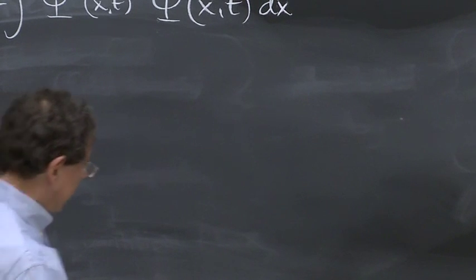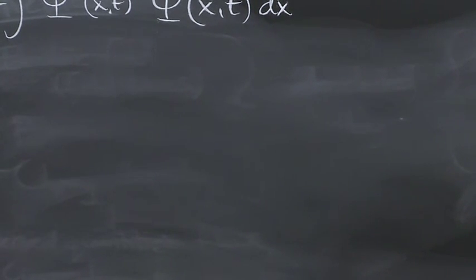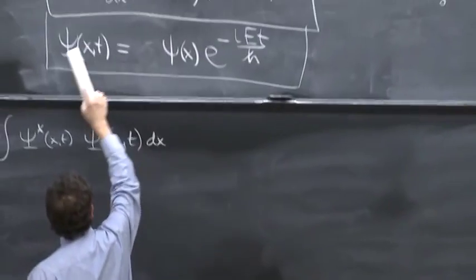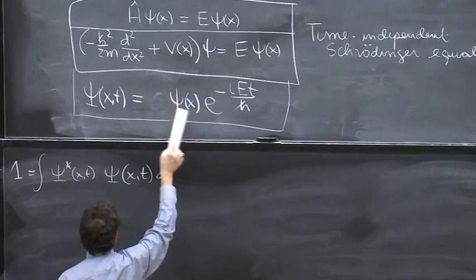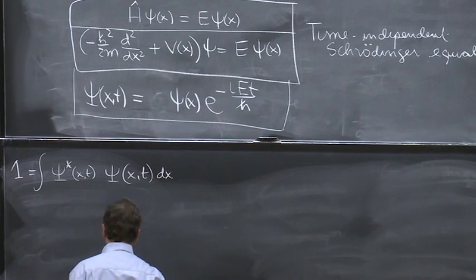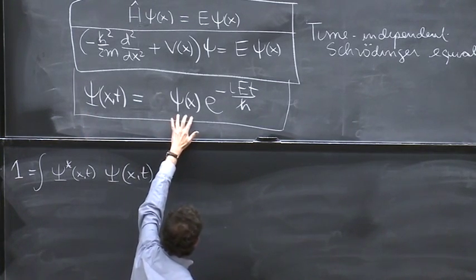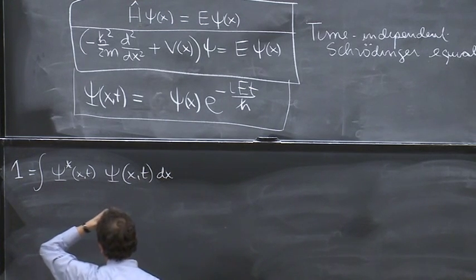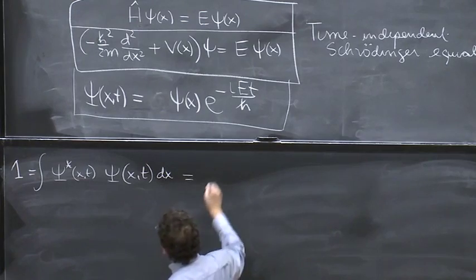I'm going to erase that constant c here, because since we want to normalize this, we will think of this as a normalization of psi. When we try to normalize psi, we'll be normalizing little psi, as you will see here. There's no need to put that constant there. So what do we get here?